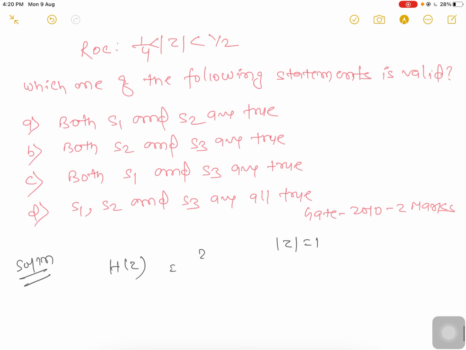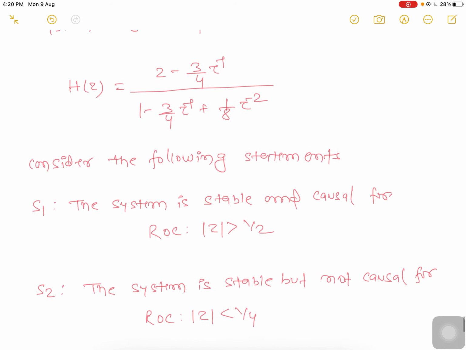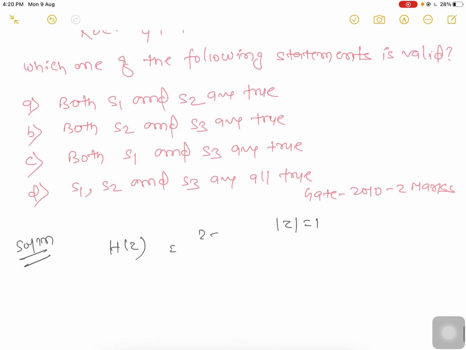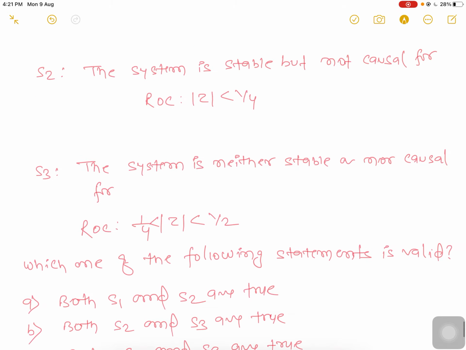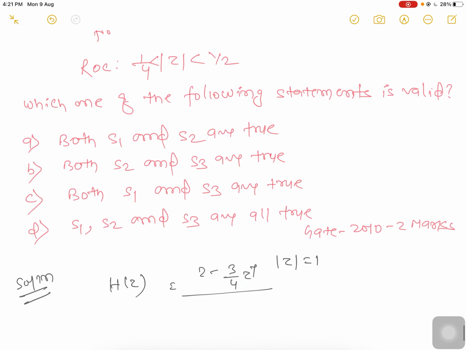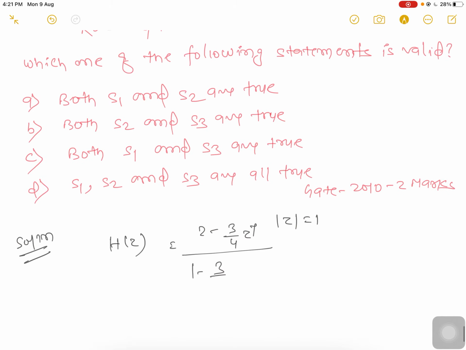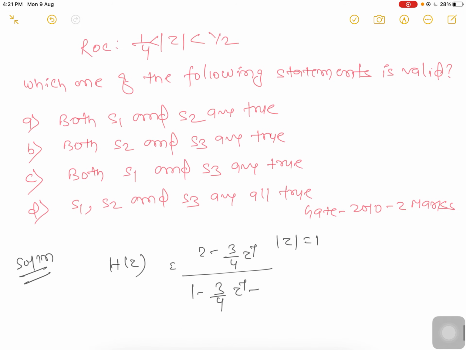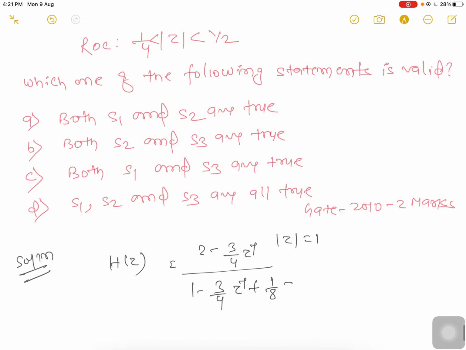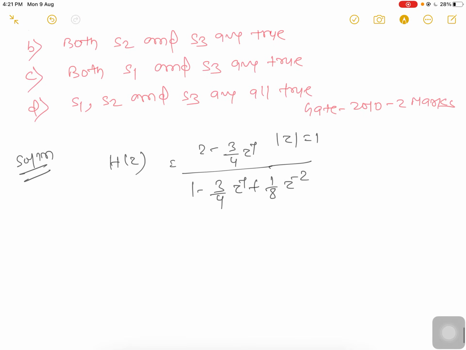First, H(z) is given as (2 - 3/4 z inverse) upon (1 - 3/4 z inverse + 1/8 z minus 2).